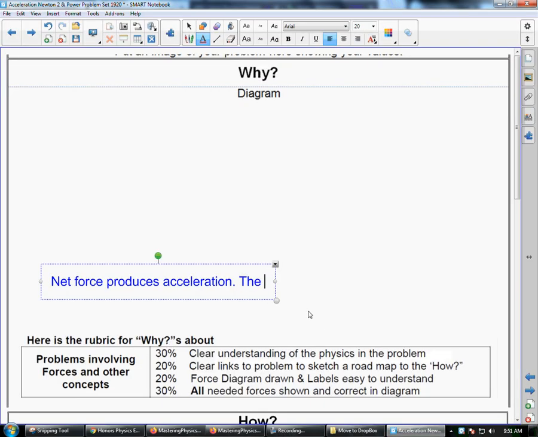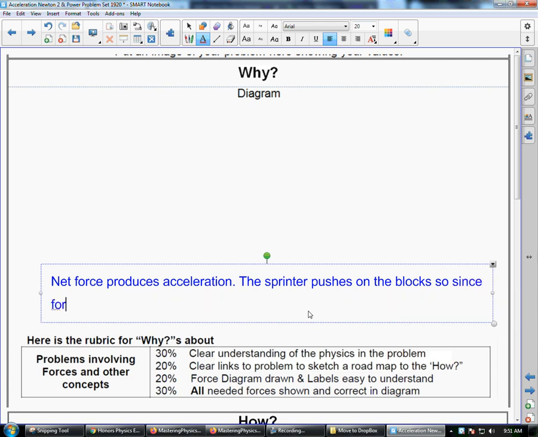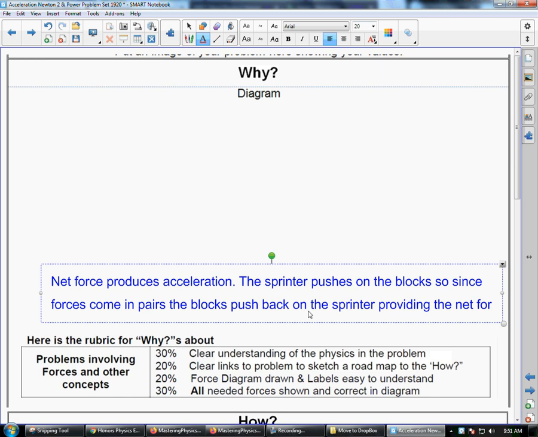The sprinter pushes on the blocks, so since forces come in pairs, the blocks push back on the sprinter, providing the net force.